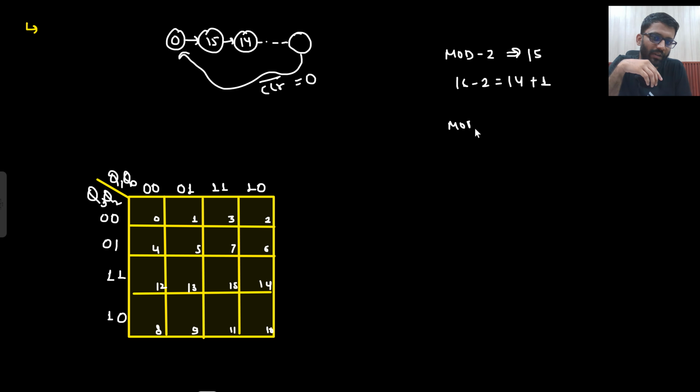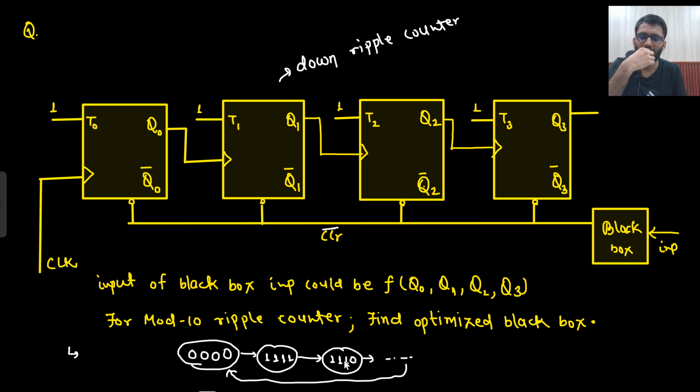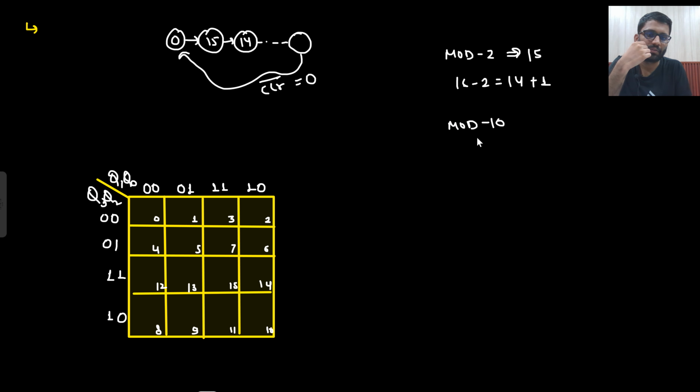If I am designing mode 10 counter, what will be my final state? 16 minus mode 10, that is 6, plus 1. So my final state would be 7. So always take the example of mode 2. Final state is 15. 16 minus 2 you will do 14. You will get 14 plus 1. So similarly this will be 16. So what is the first state that I don't want? The state that I don't want.